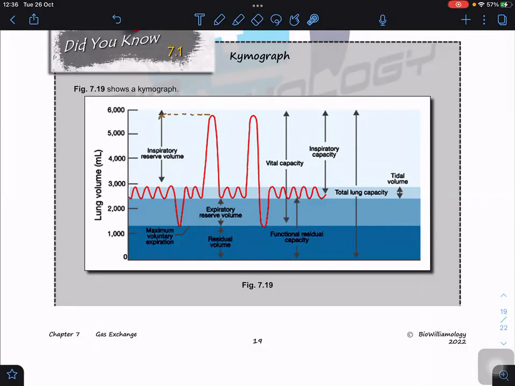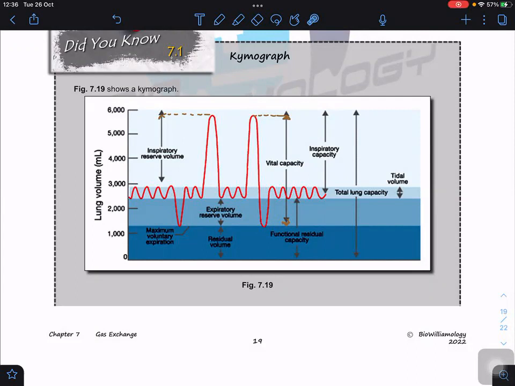If you move in the air and then decrease the air, inhale the air, exhale the air, the total here is termed the vital capacity. Vital capacity is the capacity that allows us to move air in and out.